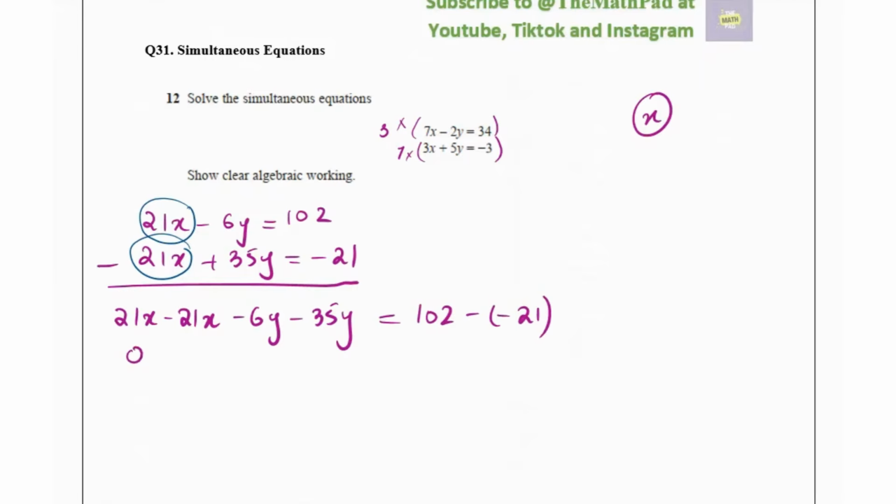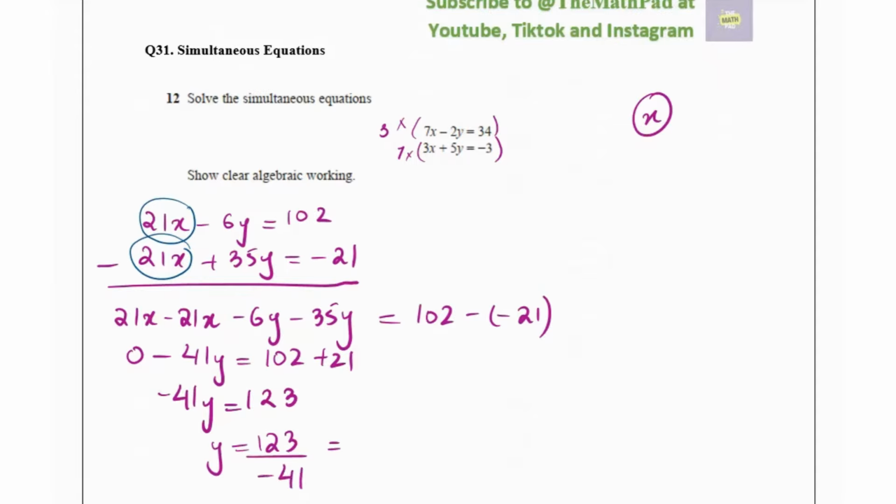So that's 0 minus 41y equals 102 plus 21, that's going to be 123. So y equals 123 divided by negative 41, which gives us negative 3. So y is negative 3.